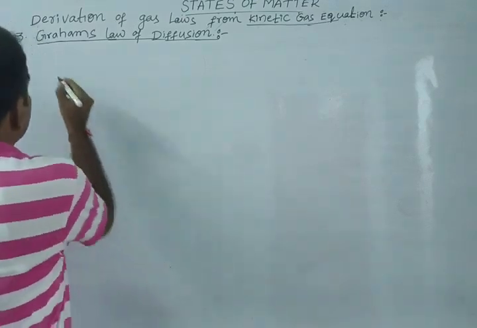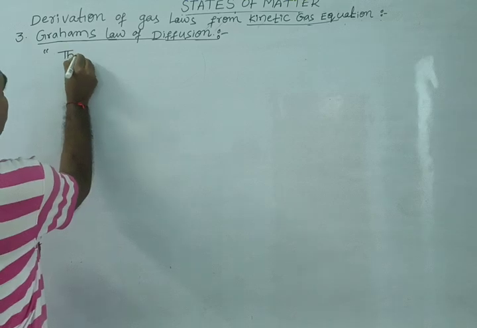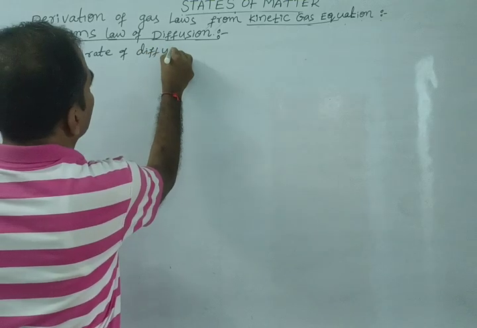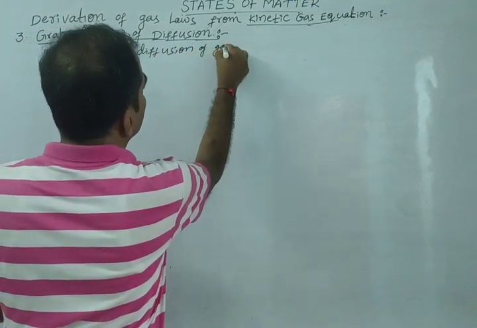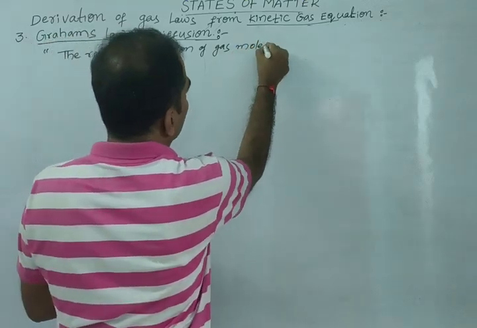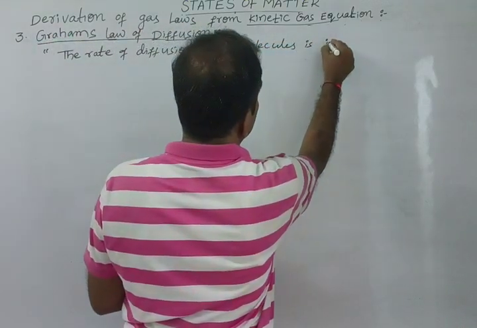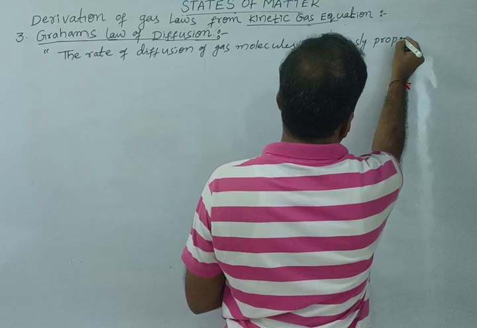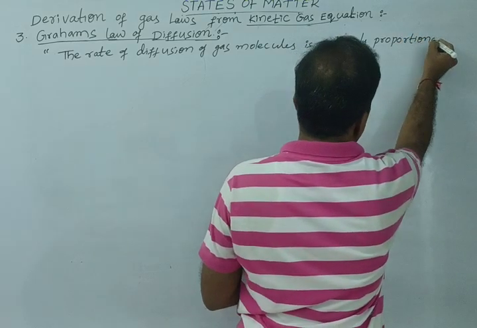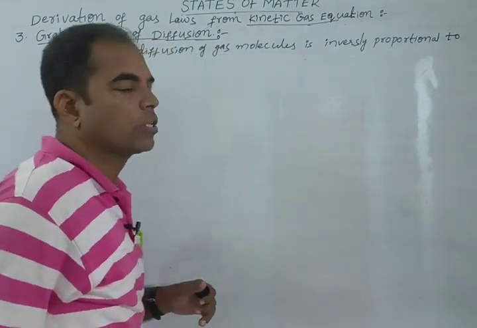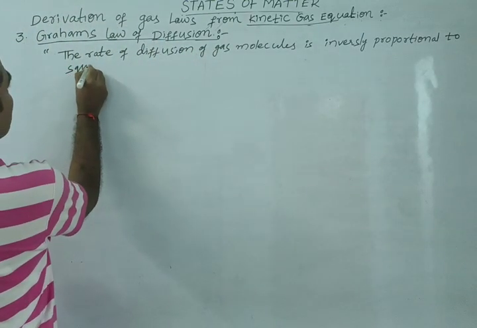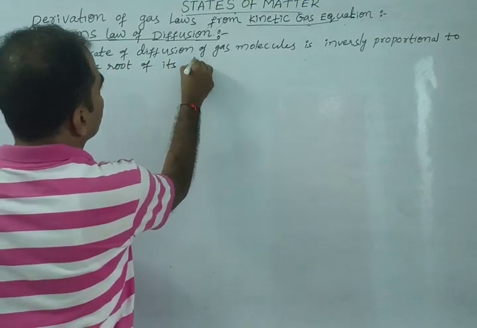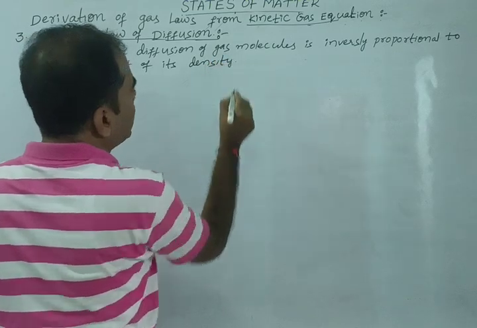According to Graham's law of diffusion, the rate of diffusion of gas molecules is inversely proportional to the square root of its density.